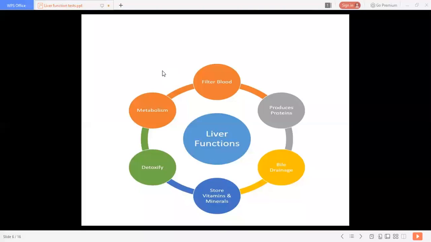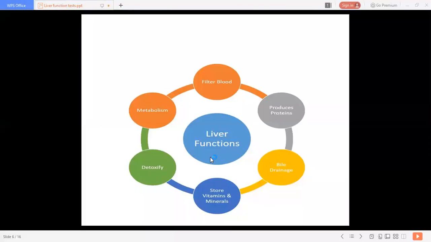Hepatitis, yes. Liver cirrhosis. Then conditions in which metabolism of the liver gets disturbed. Fatty liver disease.